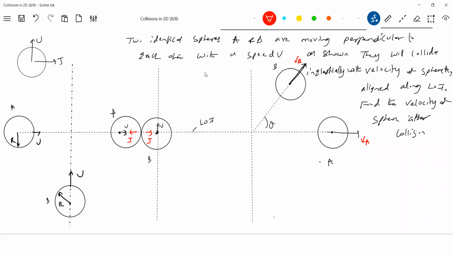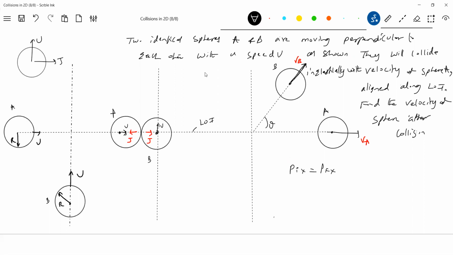Along the x-axis, I'll write it. So in any direction, momentum is conserved. I'll directly write the set of equations.